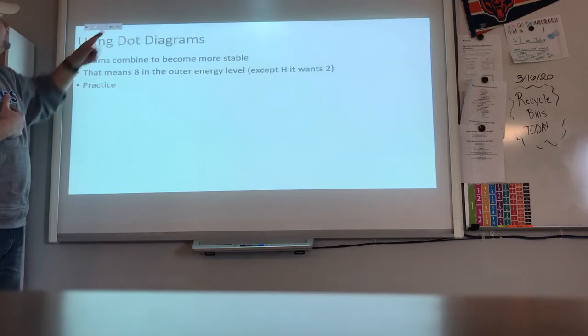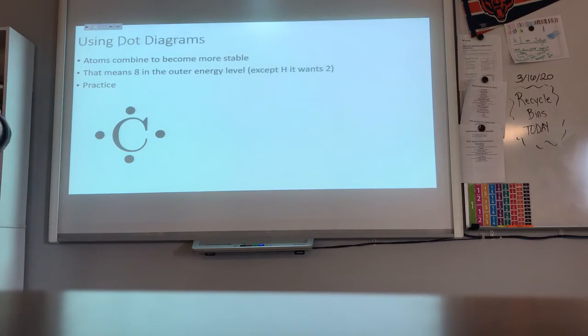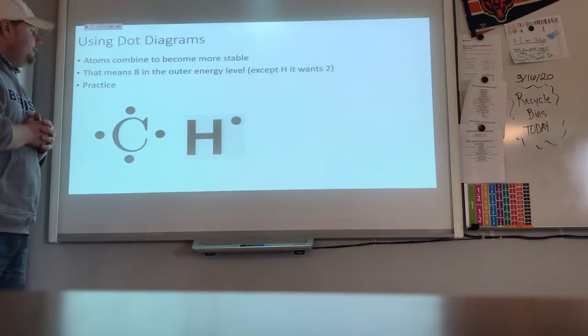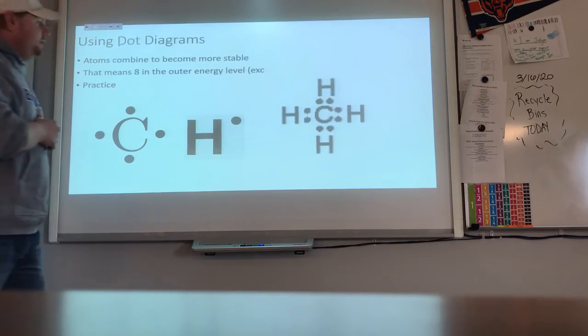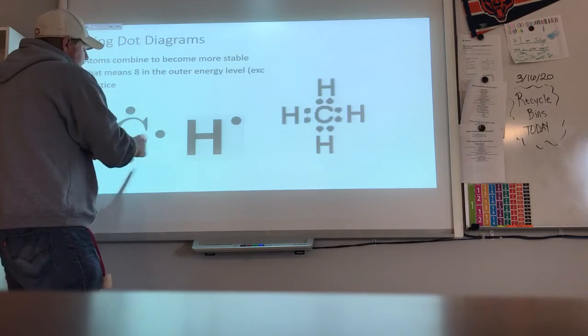Other examples, carbon. Carbon has 4 in the outer level, or 4 valence electrons. Now something like hydrogen has 1. So how many hydrogens do you think are going to want to match up with this carbon? Hopefully you guessed that there will be 4 of them. And when they do, each one of these dots up there.